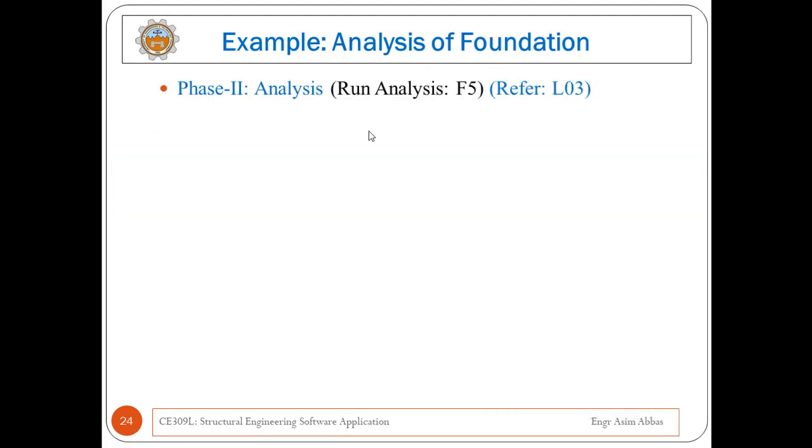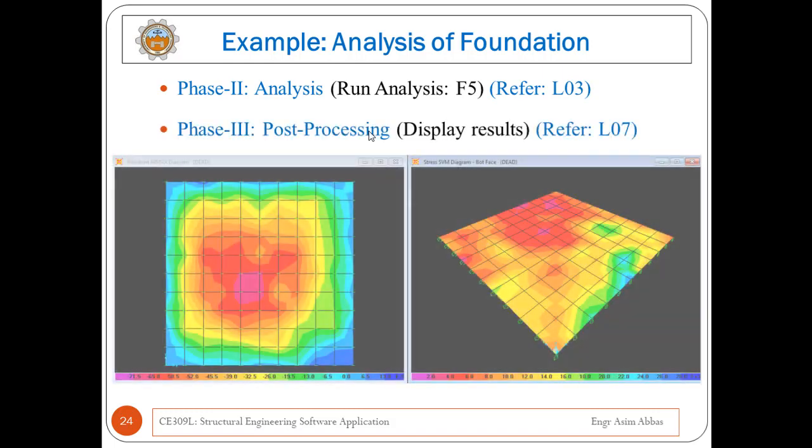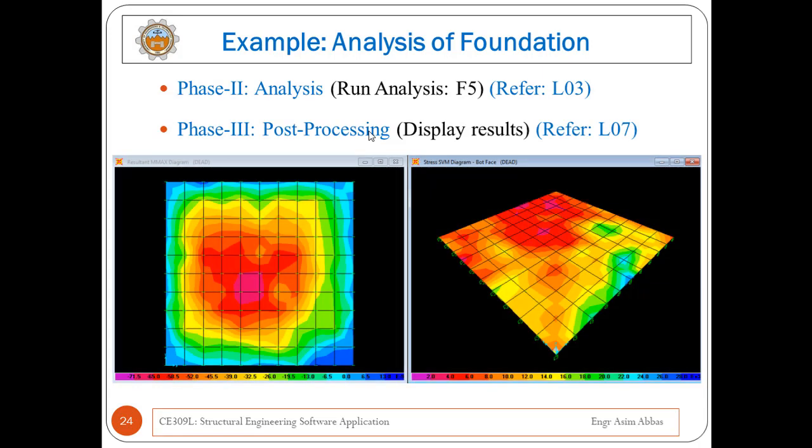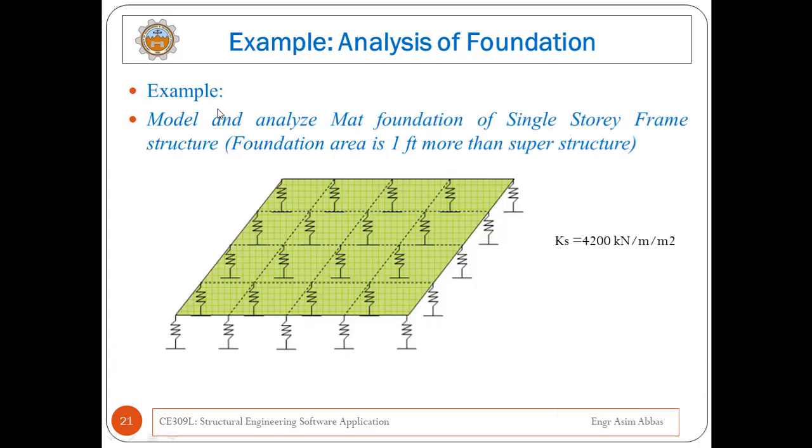Okay, once the model is completed, the next phase is to run the analysis, and then to display different results. In this phase you can display various kinds of results. Okay, now I will model and analyze a mat foundation of a single story frame structure in SAP2000, and let's suppose that the foundation area is 1 feet more than the superstructure, and the modulus of subgrade reaction for the spring is 4200 kilonewton per meter square.